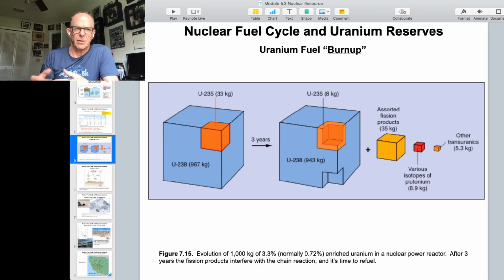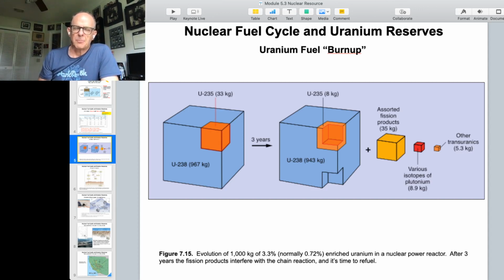But essentially you can think of it as sort of skimming some of the uranium-238 off the top and leaving a higher concentration of the valuable uranium-235. And when it gets to a concentration of over 3%, then it is assembled into fuel rods and sent off to nuclear power plants. So if I have 1,000 kilograms of that enriched ore, that's going to be 33 kilograms, not 7.2 kilograms, but 33 kilograms of uranium-235.